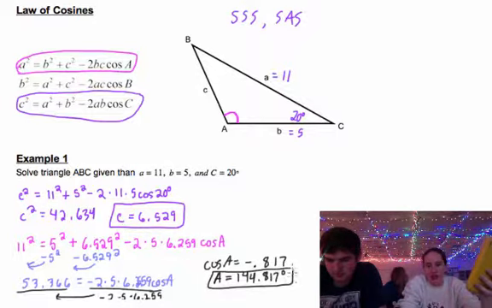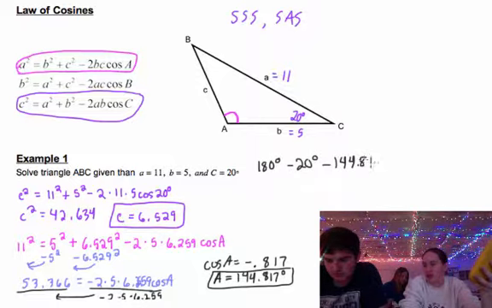Now, once we know a side and an angle, and we know this other angle, we can just do 180 minus 20 degrees minus what we just found for A. And that will give us what angle B is.